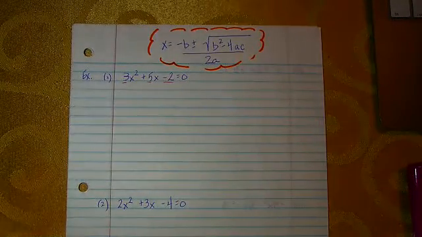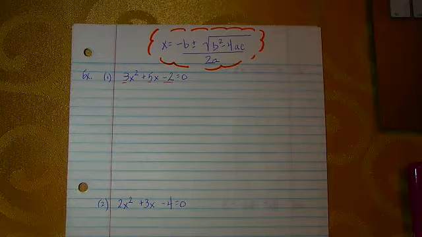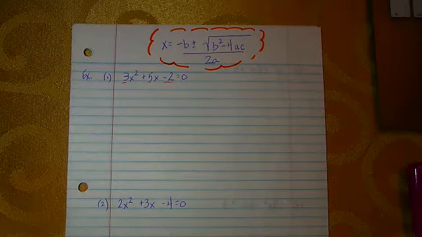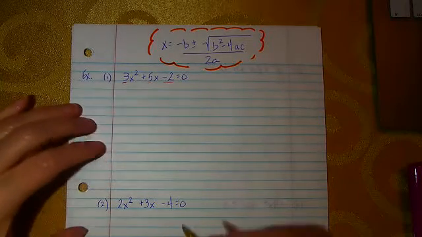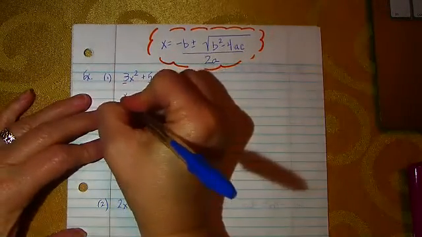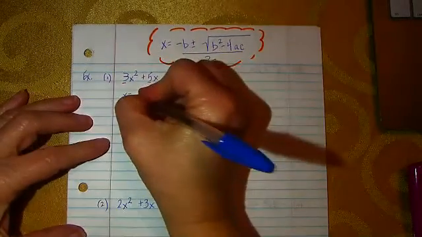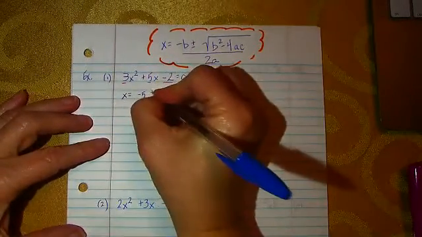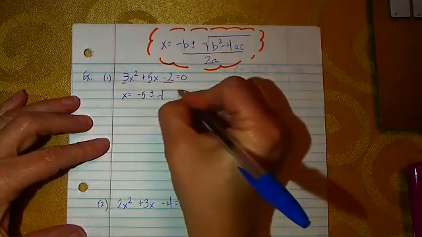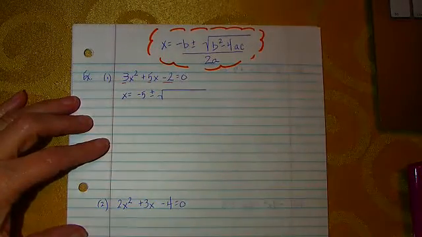So now that we know what all the a, b, and c are, we are going to try to find the solutions. We're going to start plugging into our formula. So x equals, we need the opposite of b. So that would be -5 plus or minus, draw a big long square root sign here.